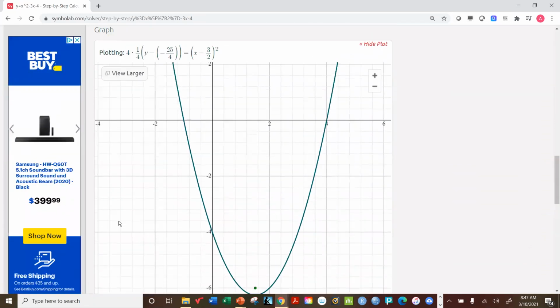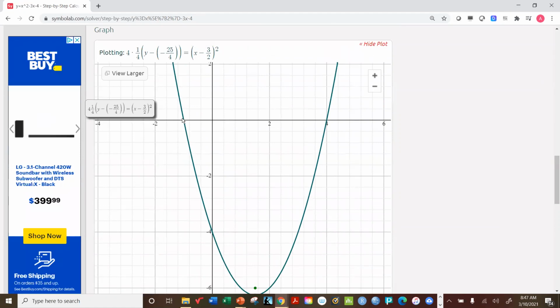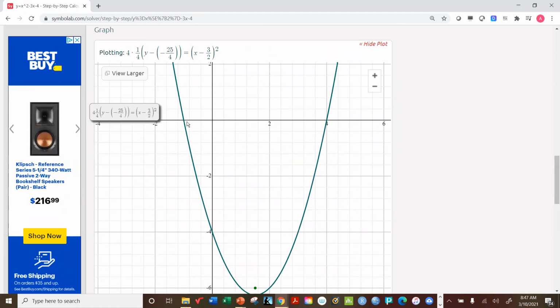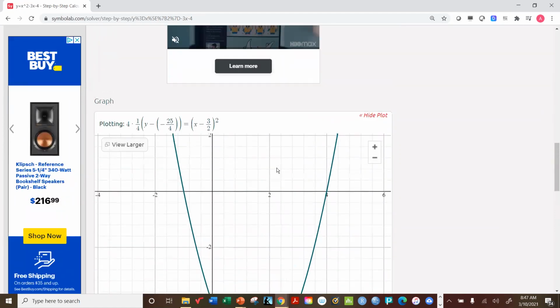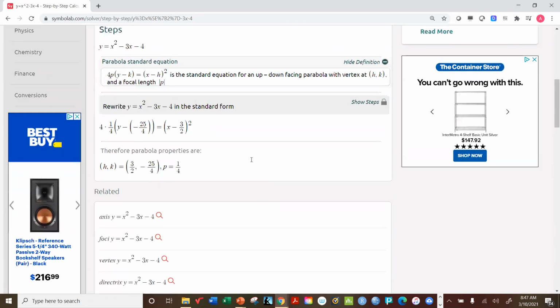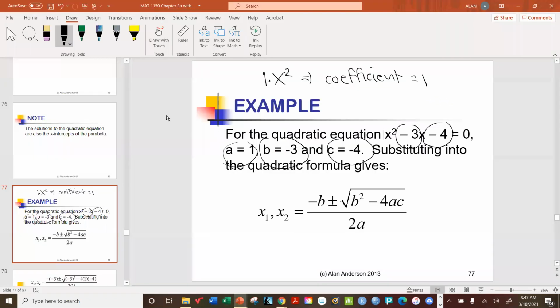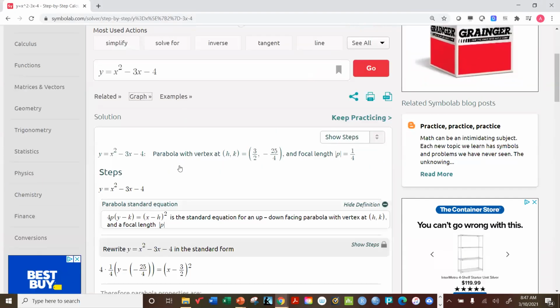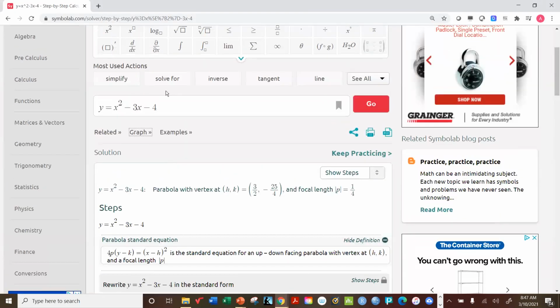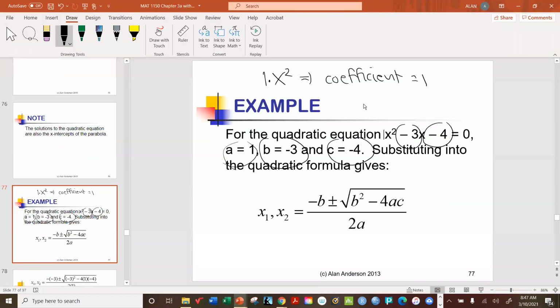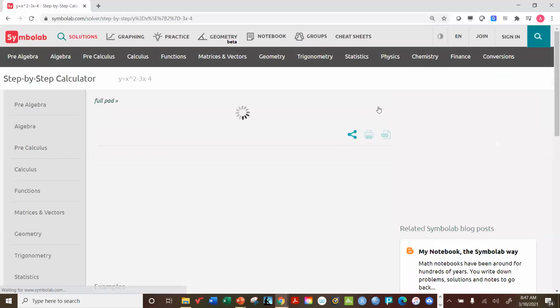And it crosses here. Oh my God, what happened? Hold on one second. X squared minus 3x minus 4. It looks kind of weird.